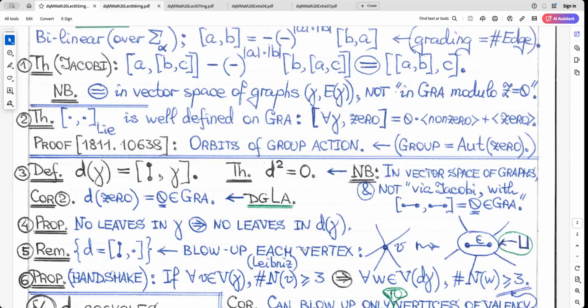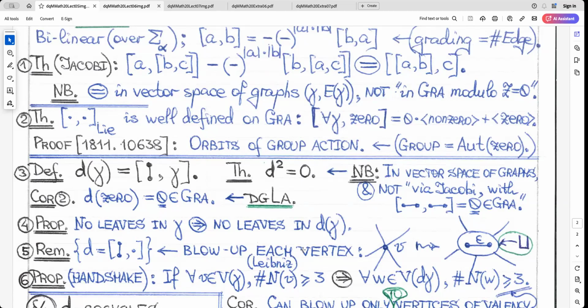So may I ask, maybe I'm a bit confused, because you're saying that this relation holds upstairs, but earlier you computed the product of the stick with itself, and it was 4 times the double stick, which is a zero graph. So that would already explain why b squared is 0 after taking the quotient.